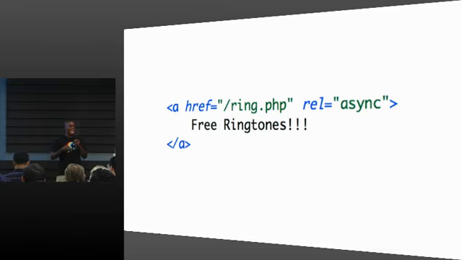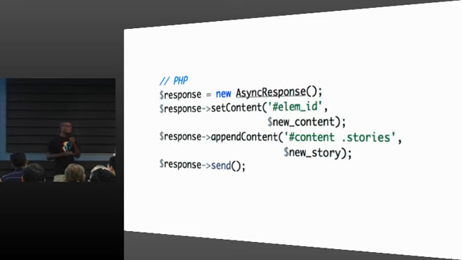Sometimes you might want to add content to the DOM. Sometimes you might want to remove content. Sometimes you might want to replace nodes. But it actually seems pretty easy as well. We can just recreate our DOM library that we have in JavaScript in PHP. So in an async response object, you can just call a method that is set content or append content or replace content, all methods that we have in JavaScript.